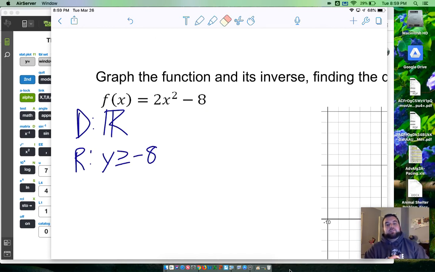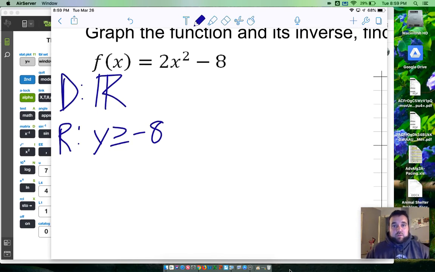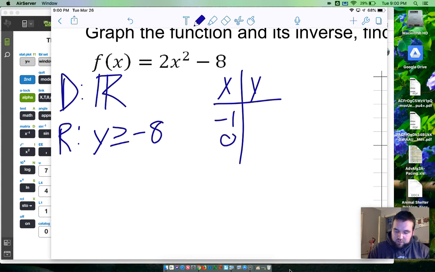If you don't know what the graph of 2x squared minus 8 looks like, totally fine. Just pick a couple random numbers. I'm going to pick -1, 0, and +1. I could just plug each of those numbers in for x: plug in -1, then 0, then 1.